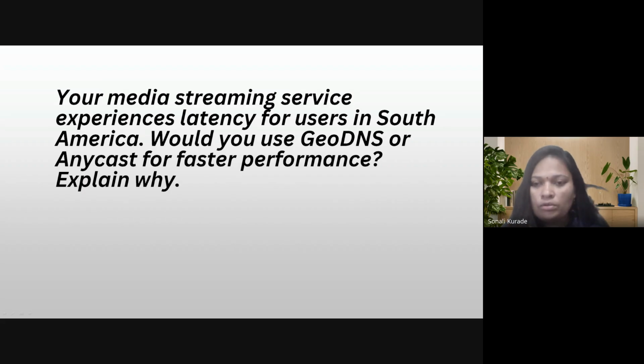And the second point: Anycast means there is no particular server. With GeoDNS, if you want to transfer traffic, say to the US East server from India, it is possible. You can assign it directly.